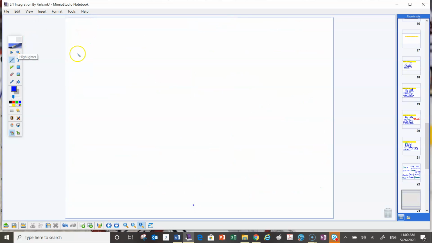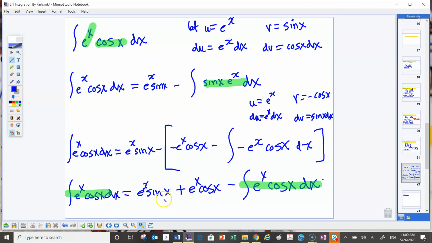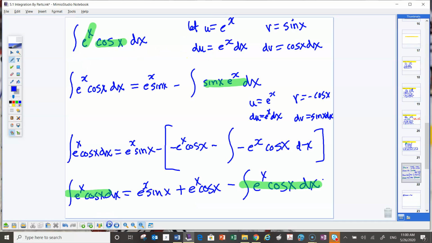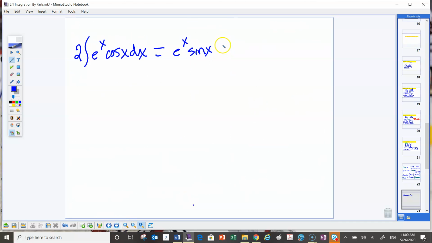So I'm going to get 2 integrals of e to the x cos x dx, and that's going to equal e to the x sine x plus e to the x cos x, and then my constant.